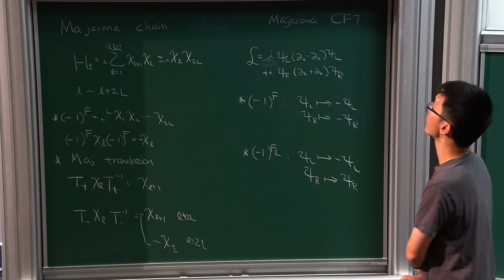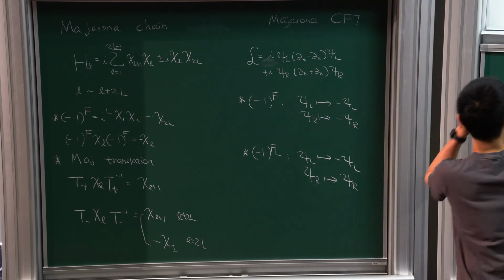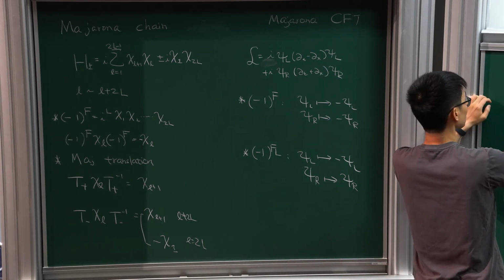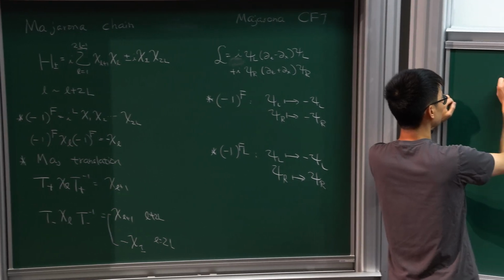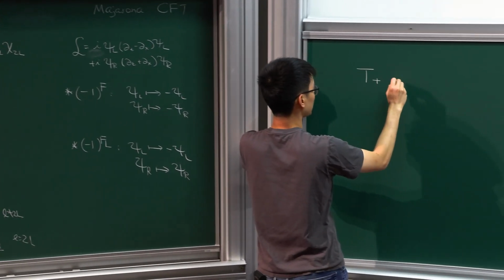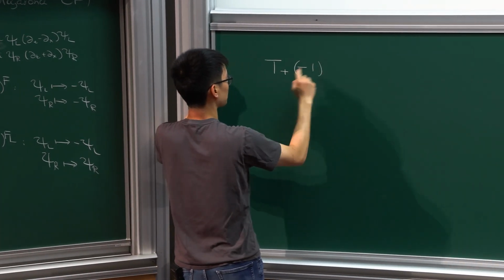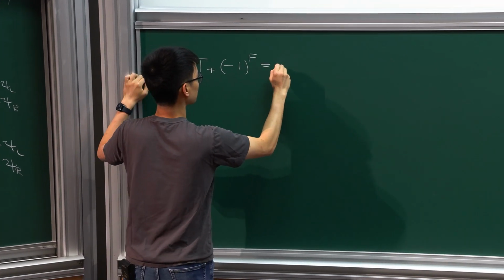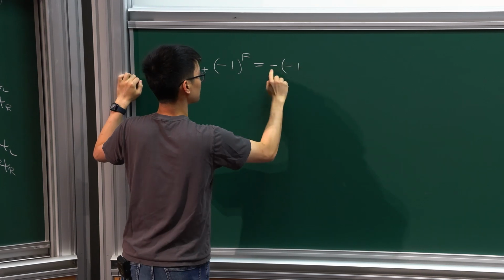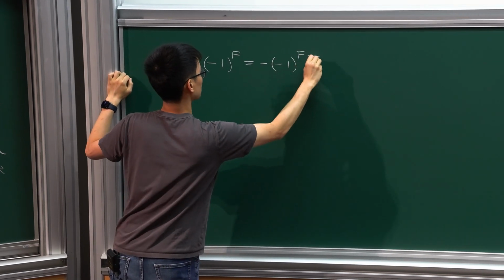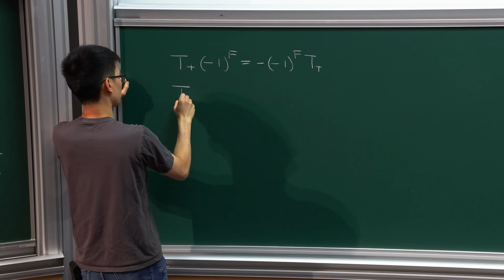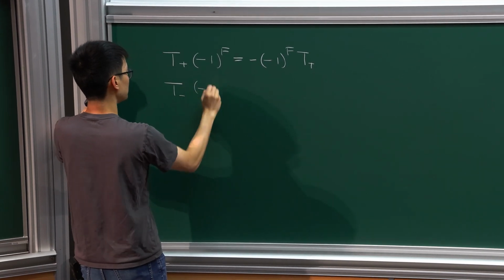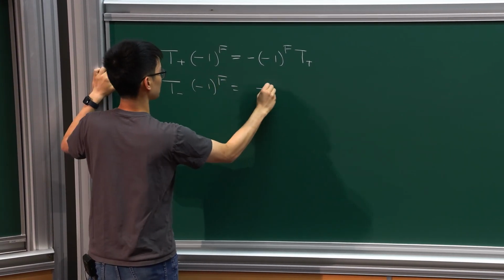Now, yesterday we also talked about the algebra of the fermion problem. In particular, we find that for the periodic boundary condition, T₊ and (-1)^F anticommute. And this minus sign will be very important down the road. Whereas if you consider the anti-periodic problem, they commute.